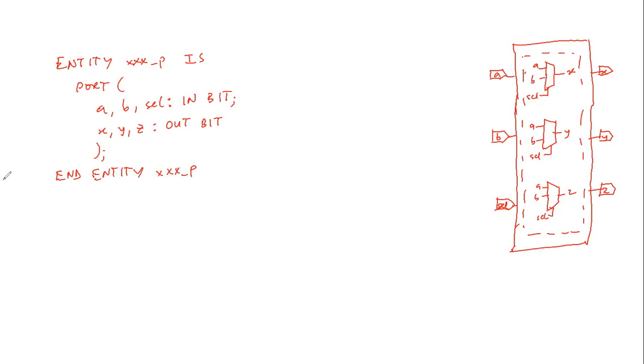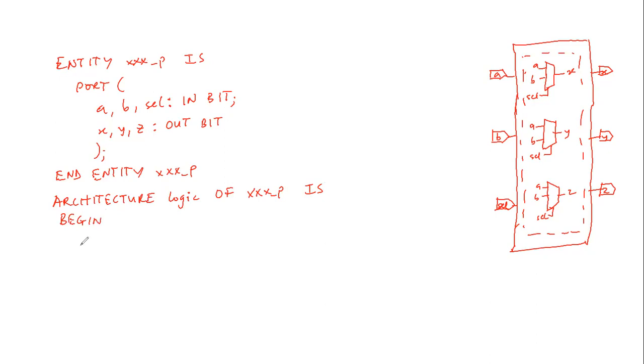Then we now come to the architecture, okay? The keyword here is still architecture. Then is the logic of the entity name, XXX_P, for instance, then is, then begin. Let's begin.